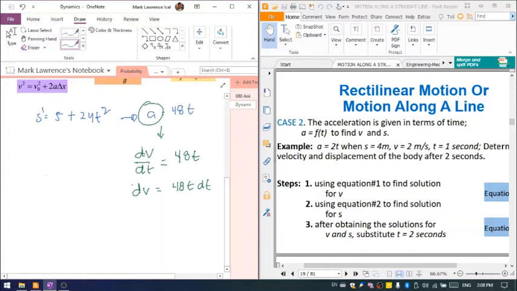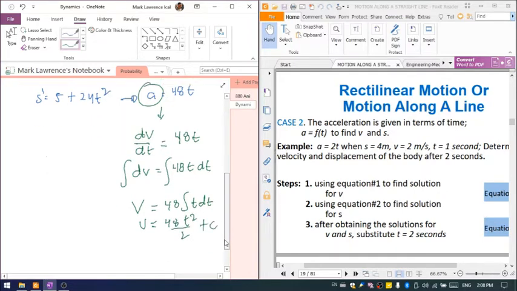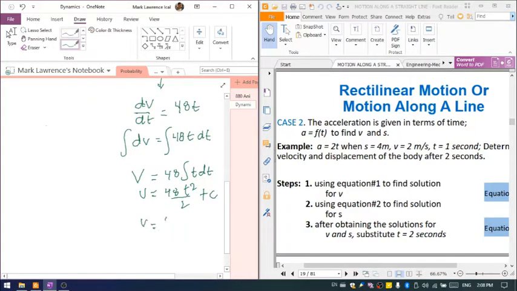We need to do anti-derivatives, so we use integration. We integrate both sides, and integrating this one, we arrive at v. The constant is 48, so the integral of t dt gives v equals 48 t squared over 2 plus c. So this is basically v equals 24 t squared plus c.